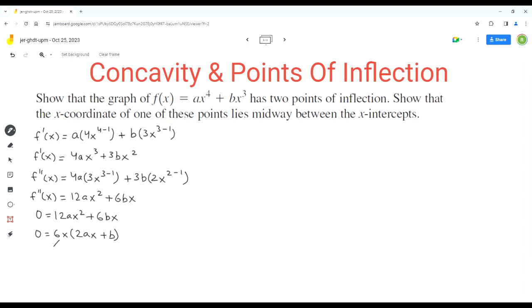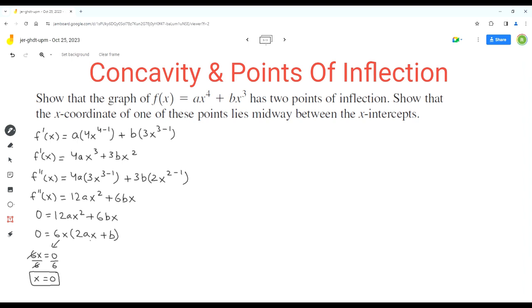The first case is 6x equals 0. And now we can divide both sides by 6 to isolate x. So the 6's on the left side get cancelled out. So we get x equals 0. So this is the first inflection point for this function.